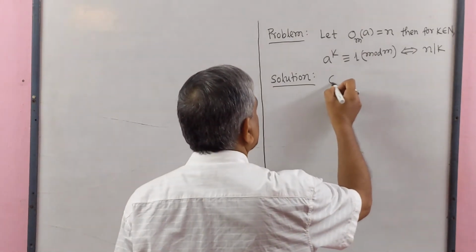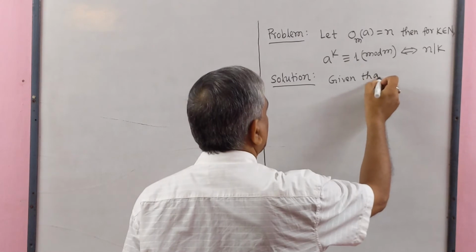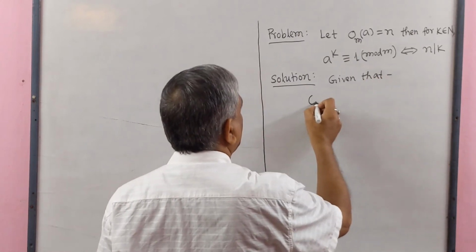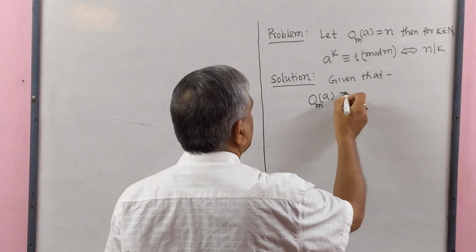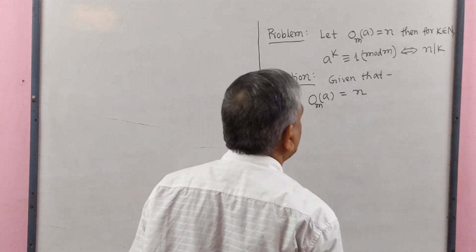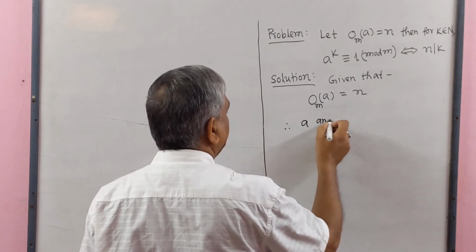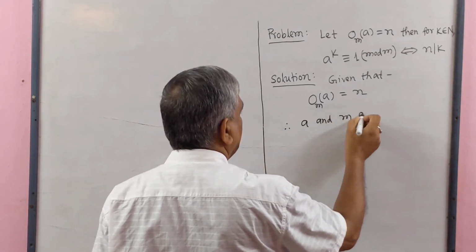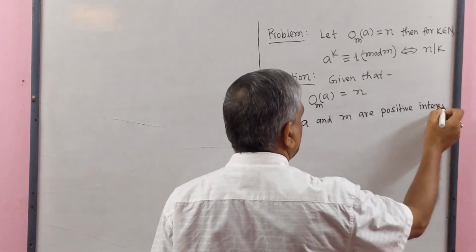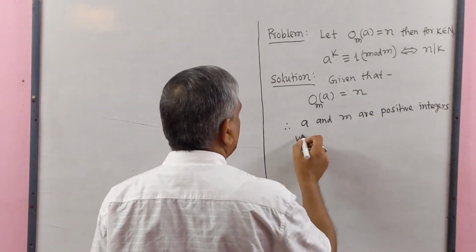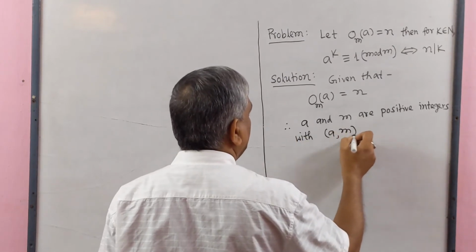Given that order of a modulo m equal to n, therefore a and m are positive integers with GCD of a and m equal to 1.